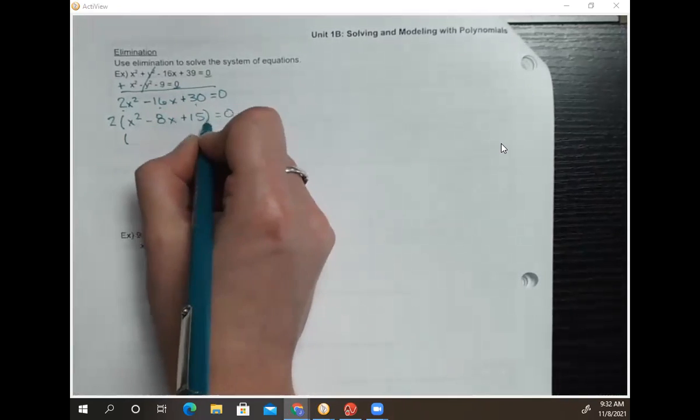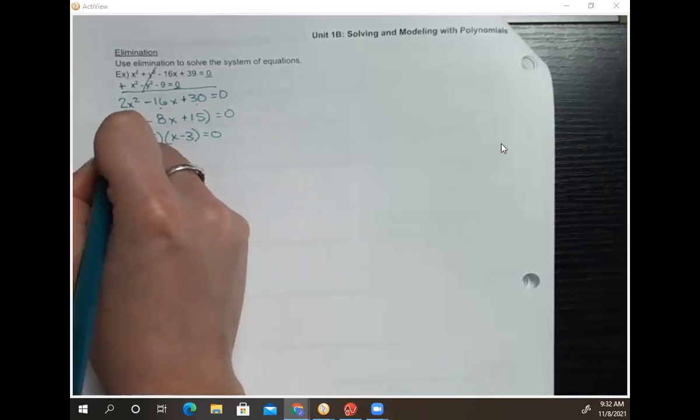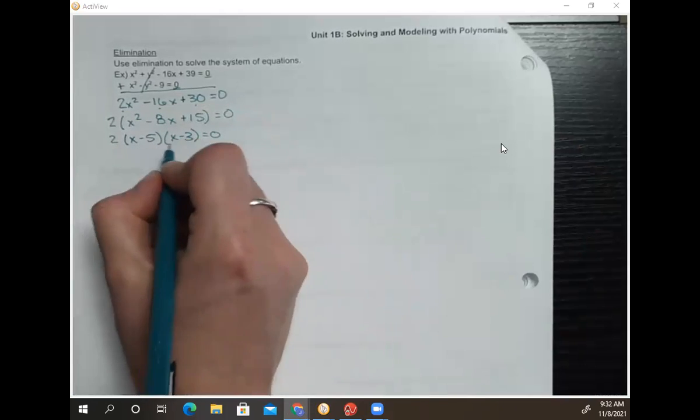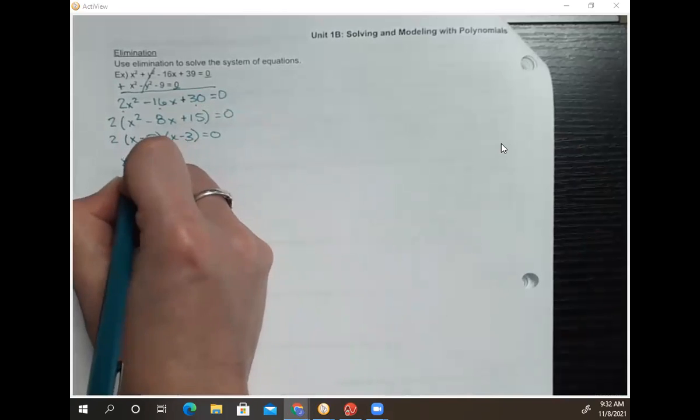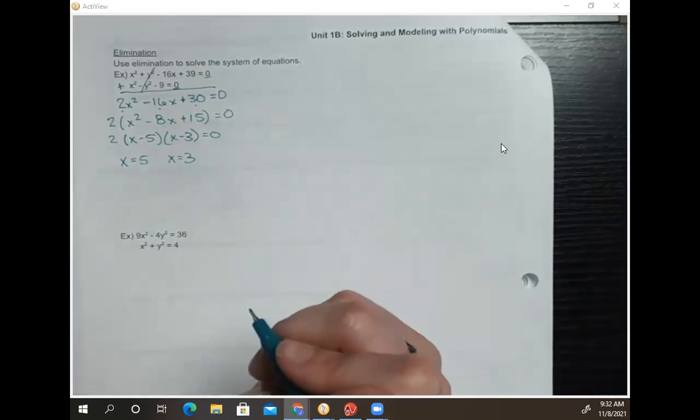So factors of 15 that add to -8 would be minus 5 and minus 3. So I get 2 times x minus 5 times x minus 3. Set each factor with an x equal to 0 and solve for x. So we get x to be 5 and 3.